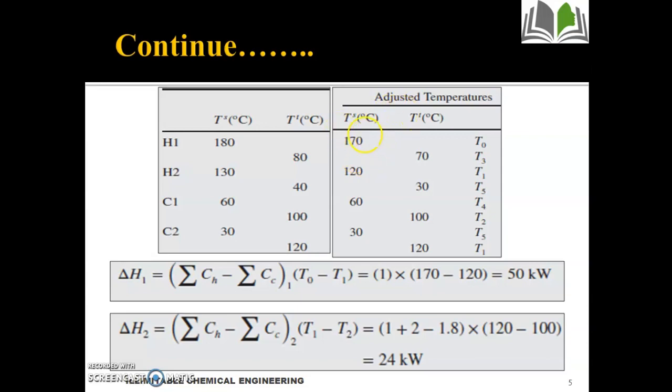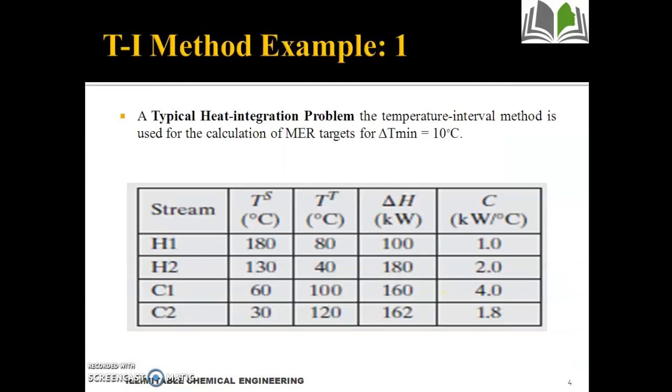So you write only the specific heat of the H1 stream, which is 1, as given in the table.